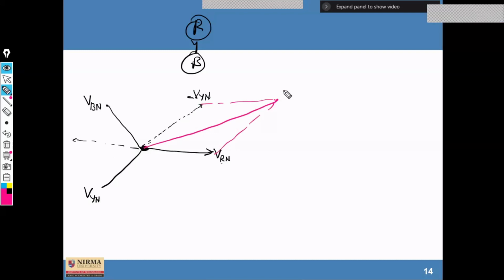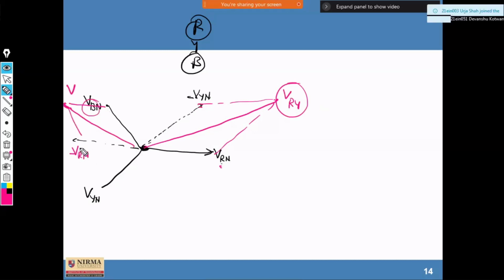Clear? We can write this as VRY. So this is R, this is Y. So we can write this as VR, and similarly this is minus VRN. If we extend this one like this, then this would be VBR. Similarly, we can write it for VYB also.